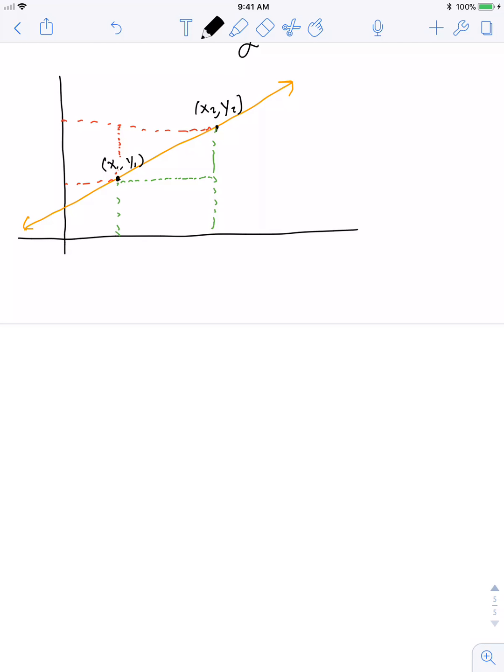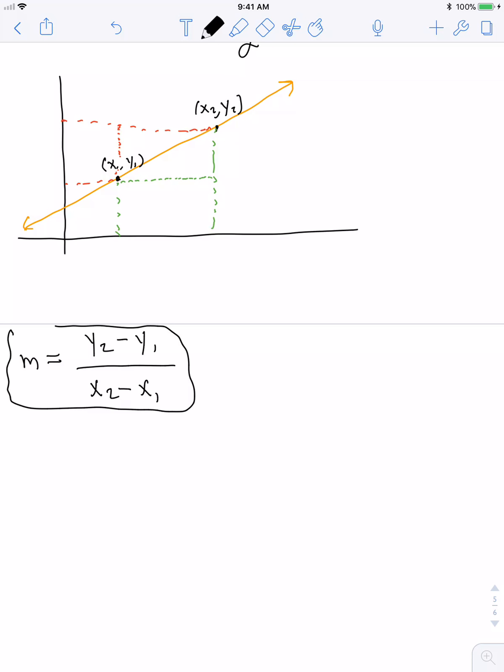So, the slope m is equal to y2 minus y1, how much we've increased, divided by x2 minus x1, how long it took us to get there. And this gives us exactly what we're looking for. As the x changes, how much are we going up by y? So this is a very important formula, and we should make a quick note here.